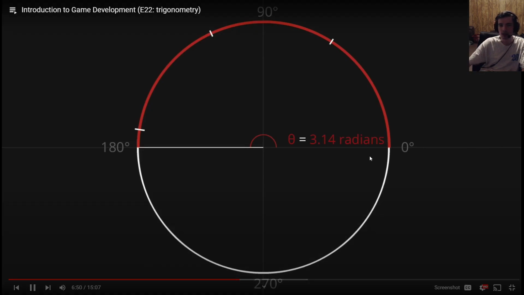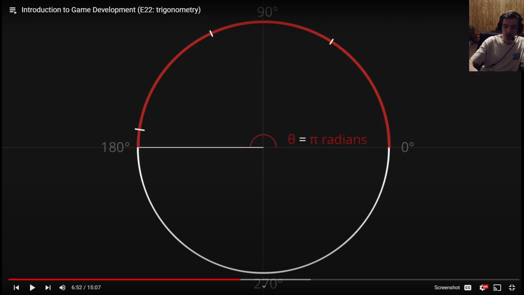More precisely, of course, that figure is pi. There are always pi radians in a semicircle, which is the easiest way to say it.